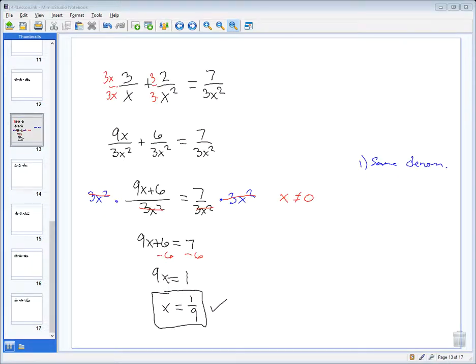So going back to this, writing down the steps, we got the same denominator. The second thing we did was combine fractions. The third thing we did was multiply by the denominator.